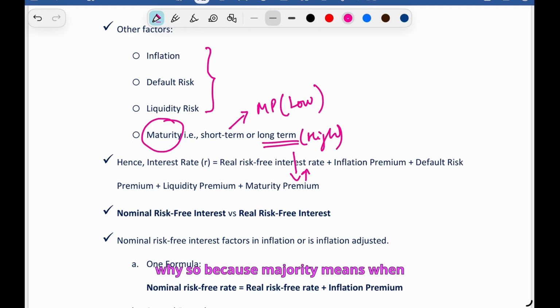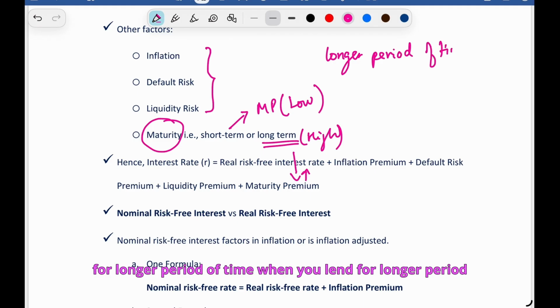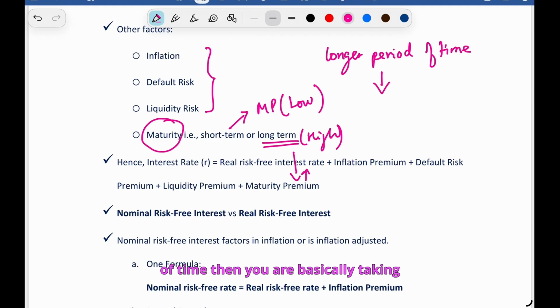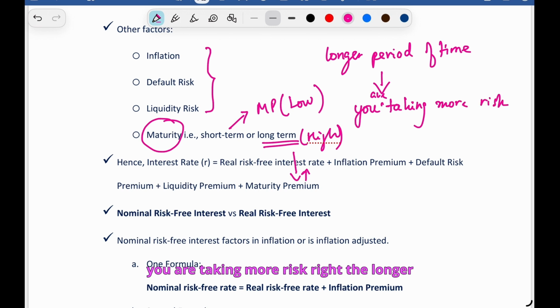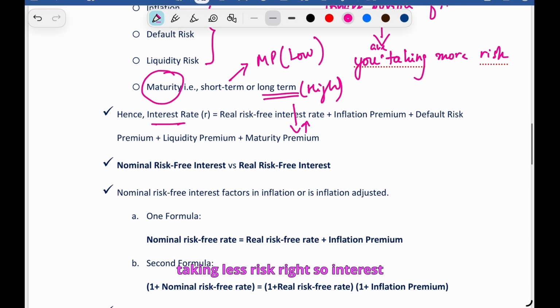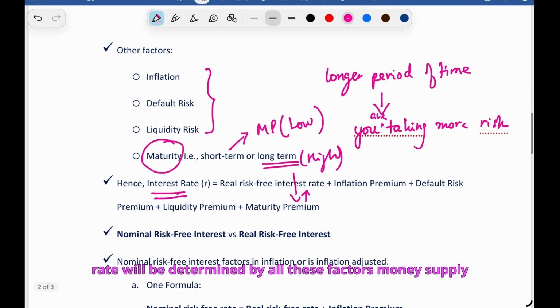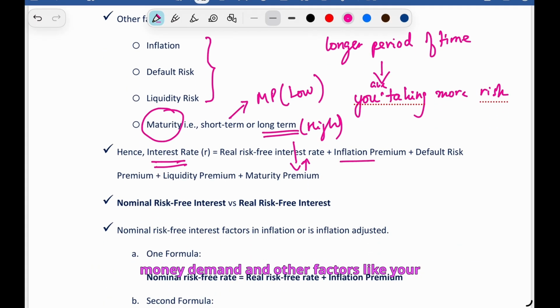Because when you lend for a longer period of time, you are basically taking more risk. The longer you lend it for, the more risk you are taking. But if it is for very few days, then you are taking less risk. So the interest rate will be determined by all the factors: money supply, money demand, and other factors like inflation, default risk, liquidity premium, maturity premium, and all that.